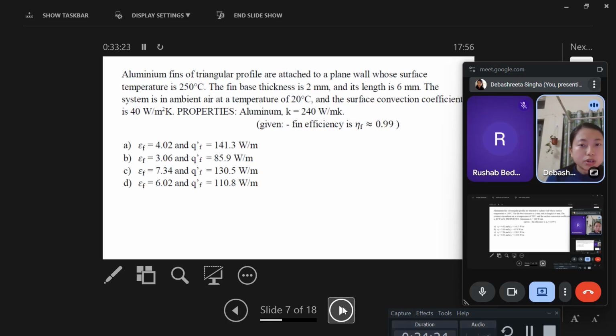Aluminum fins of triangular profile are attached to a plain wall whose surface temperature is 250 degrees Celsius. The fin base thickness is 2 millimeter and its length is 6 millimeter. So again there is a plain wall and they have given triangular profile fins.